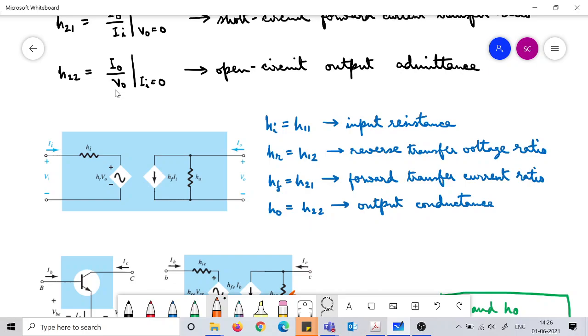You get the H parameters. Once you obtain the H parameters, the entire complicated network which is inside those two ports can be replaced by this arrangement of elements, and you can do your analysis after that using this network.